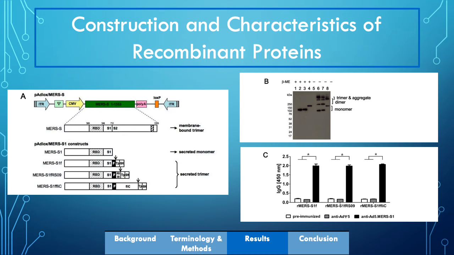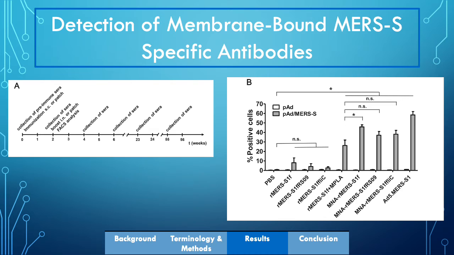Lanes 3 and 7 are MERS S1 FRS09, and then lanes 4 and 8 are the MERS S1 FFIC. And then down here in figure C, I'm not going to talk too much about it, it essentially shows that the 3 MERS S1 proteins had strong reactivity to a MERS S1 antibody, and that's basically what is seen here in the binding down here.